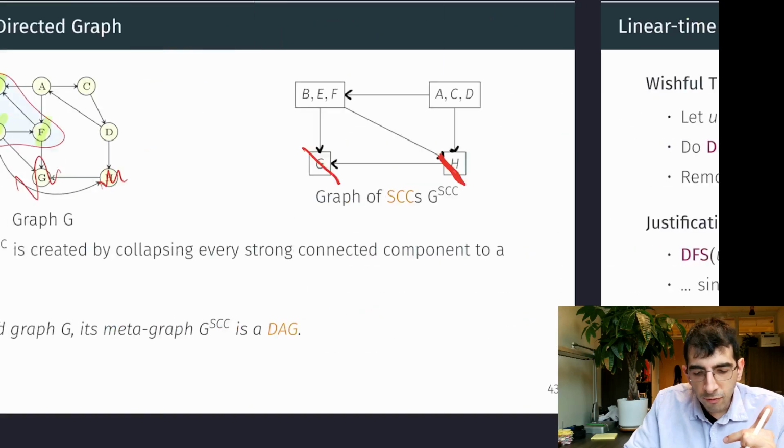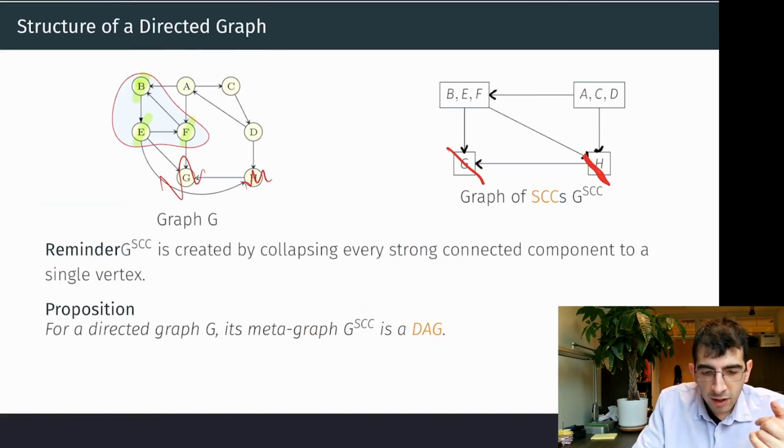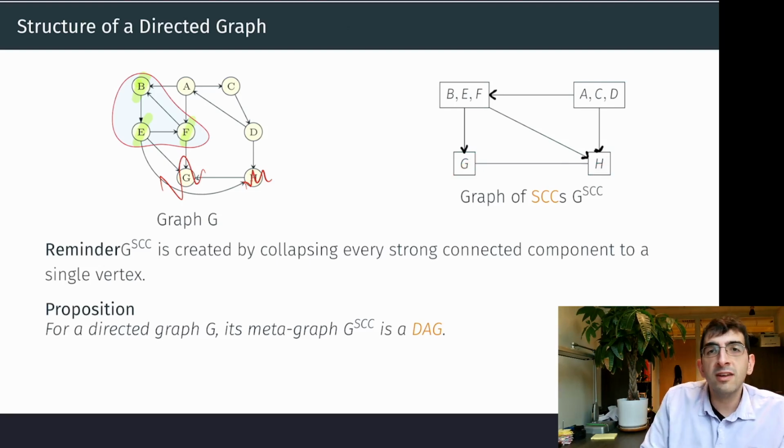Basically, if we could calculate the strongly connected component for the sink of the metagraph, and go through and remove this sink and create a new sink and calculate the strongly connected component for that, and so on and so forth, then we would save a bunch of computation time.